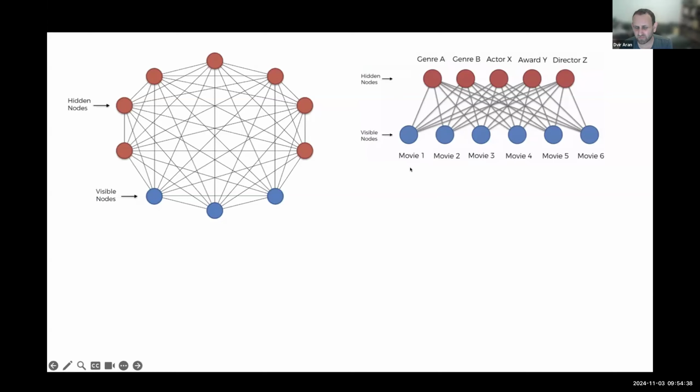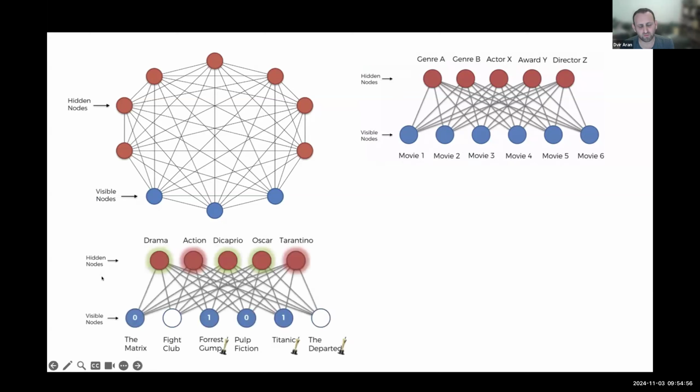And I like this example that makes it very easy to think about it. You have your inputs, which are like a list of movies, whether you like them or not. And you have the hidden nodes, which you can think about as features. Again, here there are names of features, but they are not really features. And while the information flows through this network, you can have specific hidden nodes that are firing, that are adding information to this node.